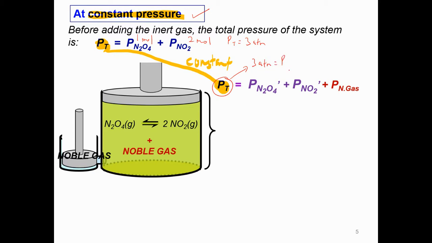But now we have 3 gases, N2O4, NO2, plus noble gas. So in order to maintain 3 atm, the same as the earlier one, the whole thing here, initially I put it as, for example, 1 atm, 2 atm.